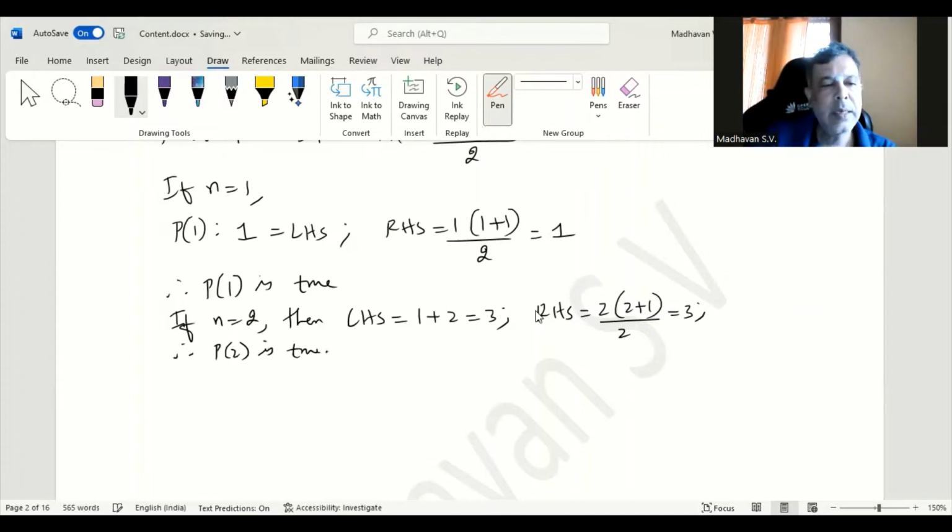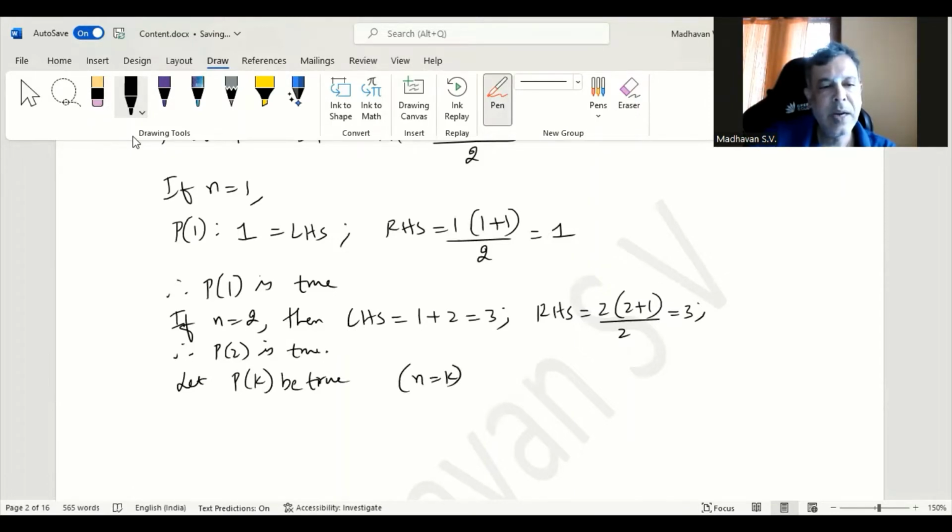Now, let us assume P of k is true, which means we are assuming n equal to k.